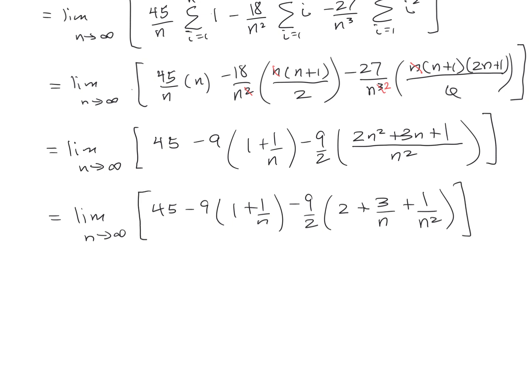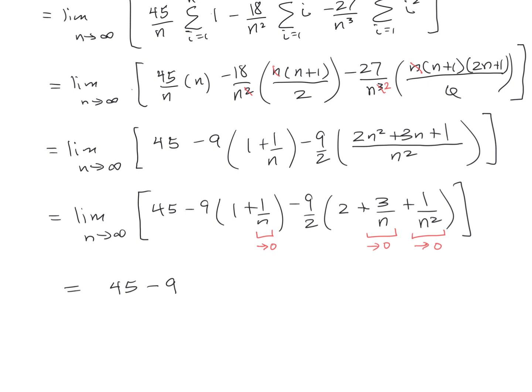And now we can take our limit as n goes to infinity, and we will see that 1 over n is going to go to 0 as n goes to infinity. So will the 3 over n, and so will the 1 over n squared. And that's going to leave us with 45 minus 9.